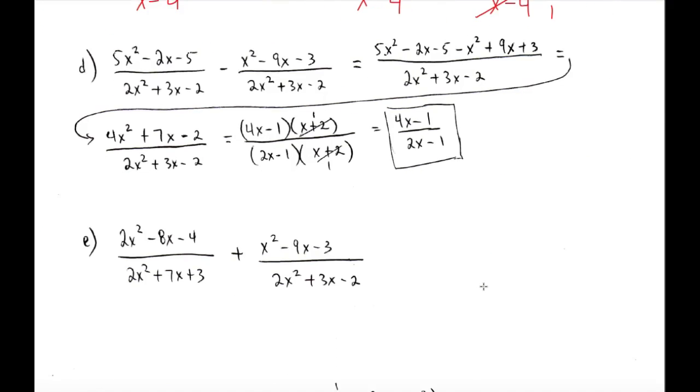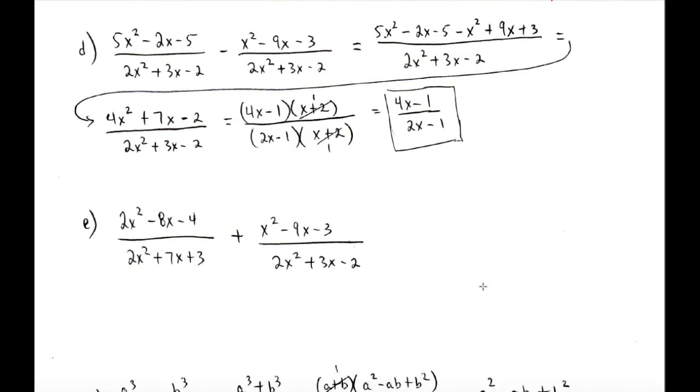For the next example here, we have a rational expression with a common denominator of 2x squared plus 3x minus 2, and you notice we're doing the same thing. I've already put this in parentheses and distributed, and hence why the signs have changed here, here, and here.